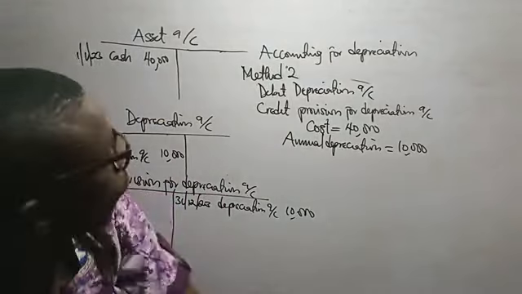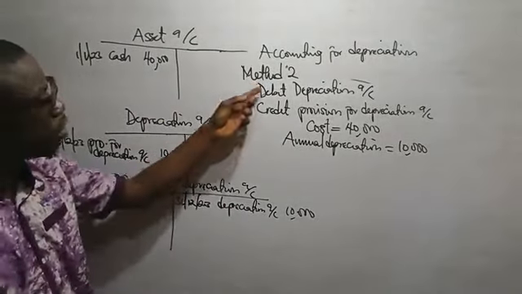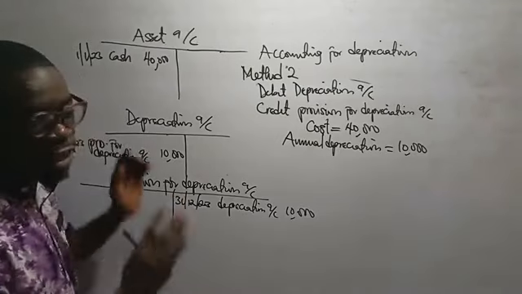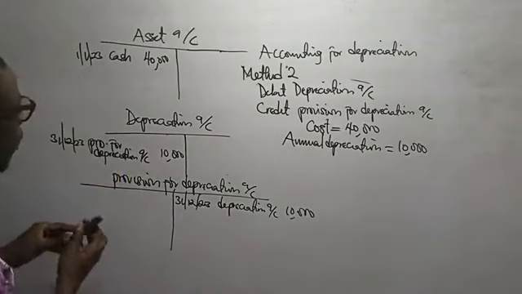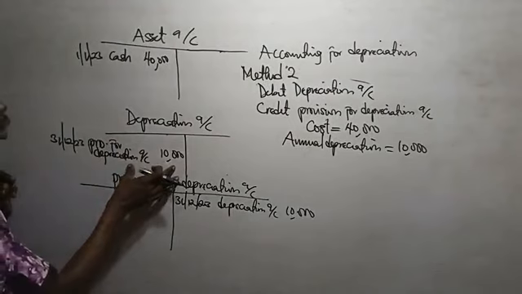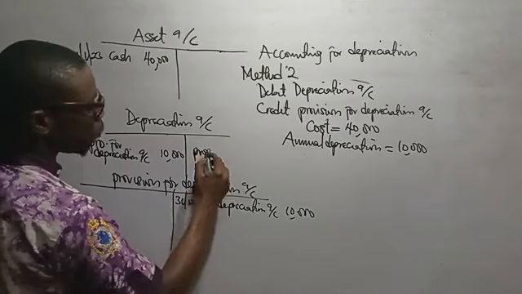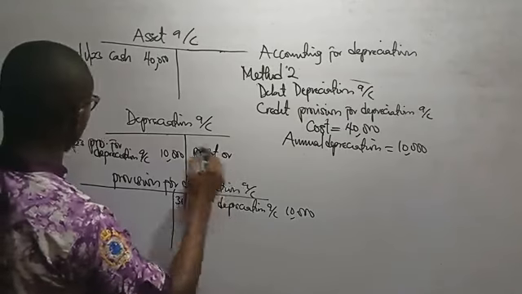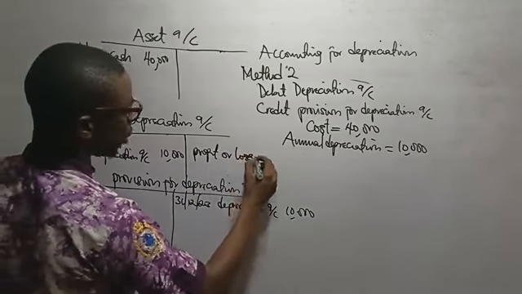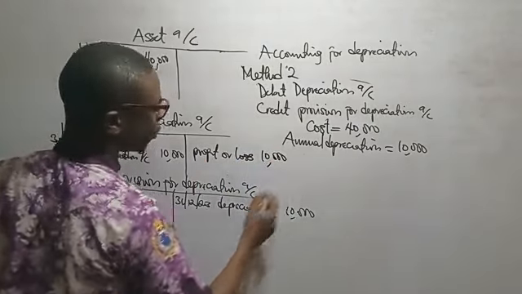Look at it now. You can see that using method 2, it does not in any way affect the asset account. As you are incurring depreciation, you will take the depreciation account to the statement of profit or loss account in year 2023. You take this 10,000 naira after you have recorded it.